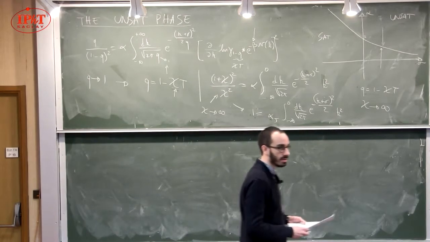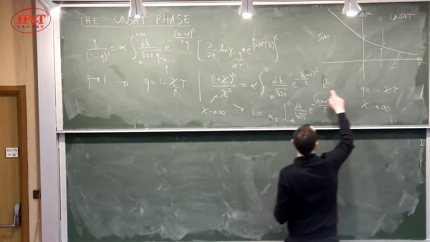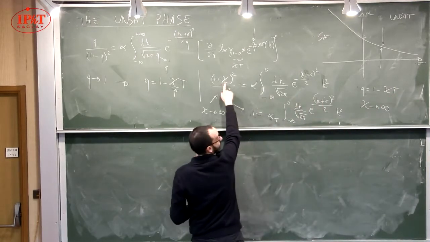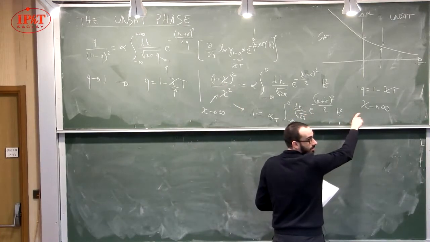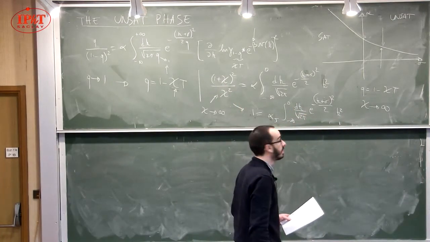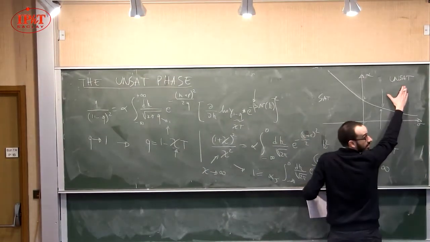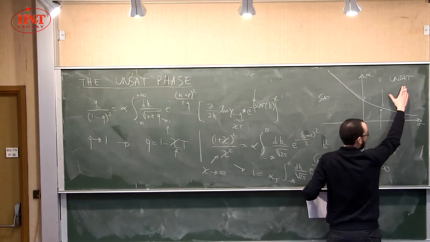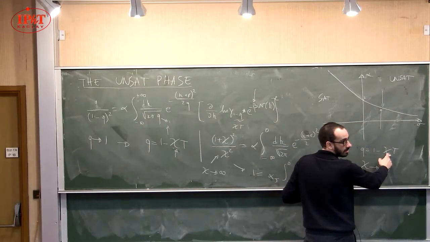No, sorry. So here you take t going to 0, and then you get an equation for chi, right? Yeah. And then you take chi to infinity. So q is actually 1 on the jamming line. Yes, q is 1 in the whole Unsat phase. The problem is how it scales with t. Okay?